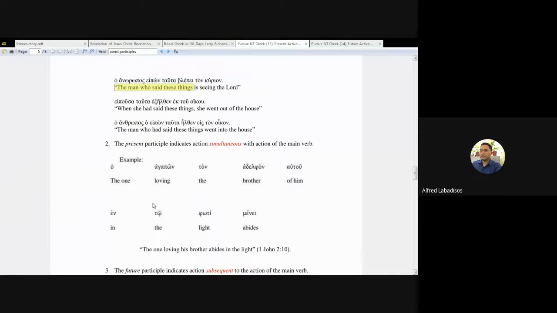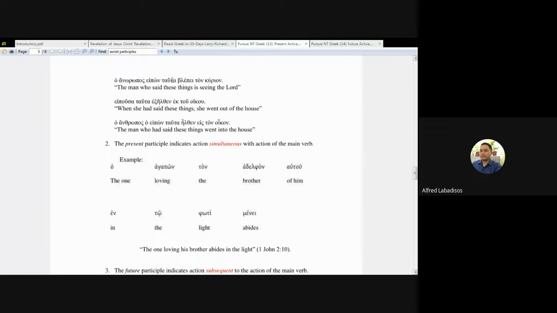So you have to master English rules. Student: Is it possible, sir: the man who said this is seeing the Lord? Okay, that's still fine, sir. Oh yes, because these things here are implied. Why things?